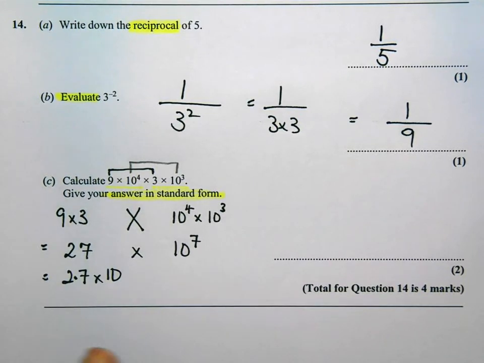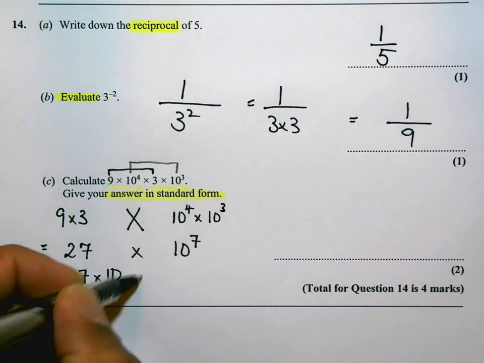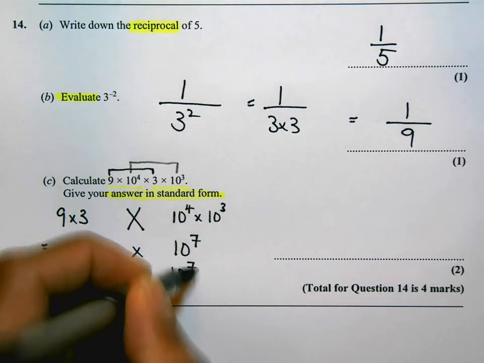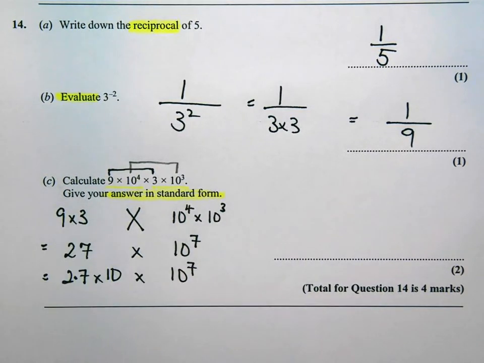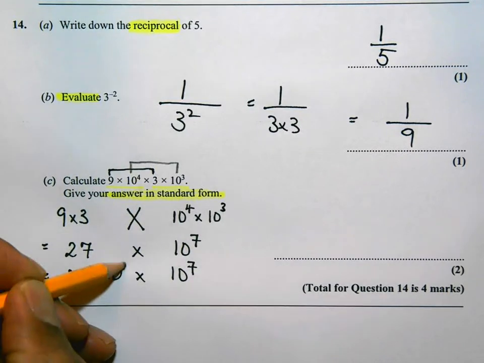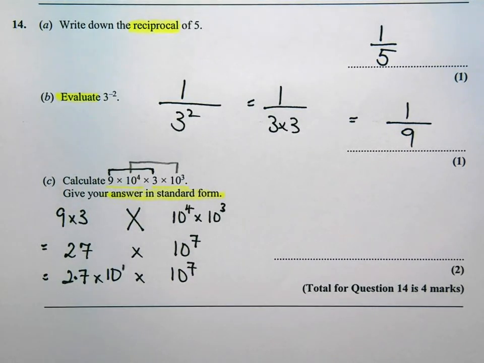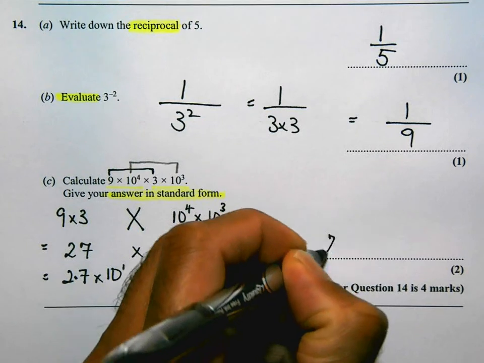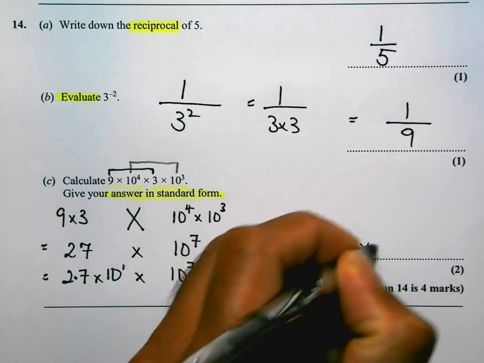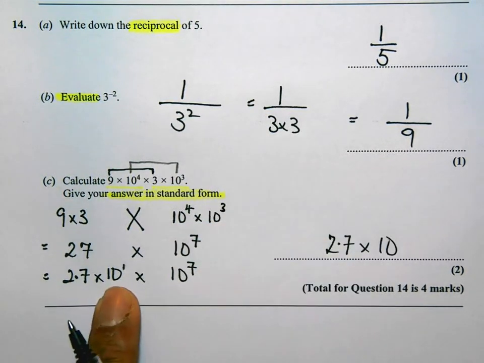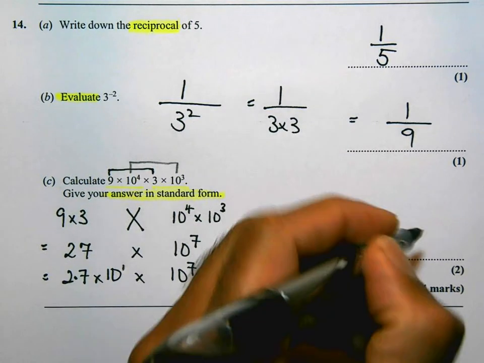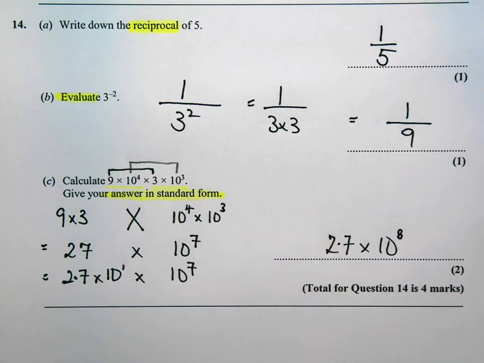If you think about it, 2.7 times 10 is 27. And don't forget, times 10 to the power of 7. Remember, this 10 on its own is 10 to the power of 1. So this is going to help me towards my final result, which is going to be 2.7 times 10 to the power of 8, because 10 to the power of 1 times 10 to the power of 7 is 10 to the power of 8.